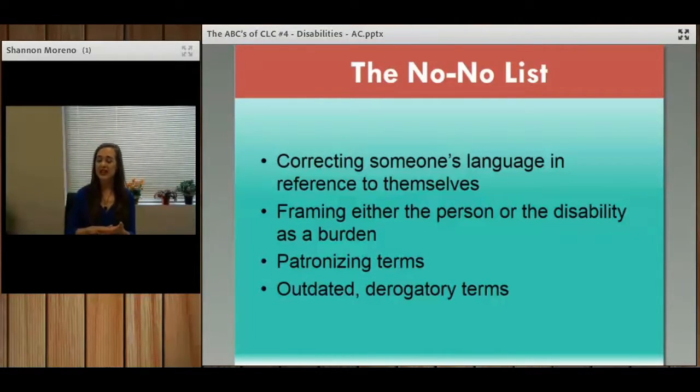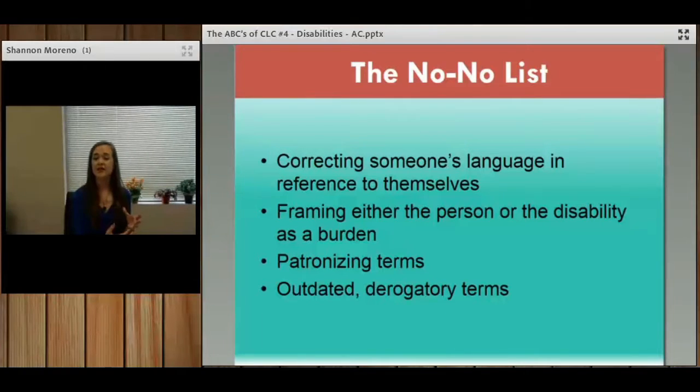We really have to be especially careful about our language in situations where maybe there are young children who have a disability. Perhaps their parents are dealing with loss of what they thought life with their child was going to look like, and they're going to have to go through an emotional process of learning what it means to have a child with whatever disability we're talking about.